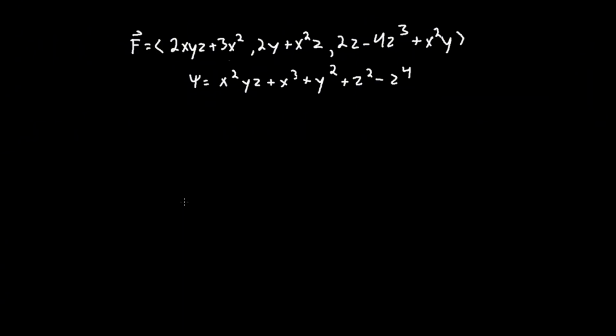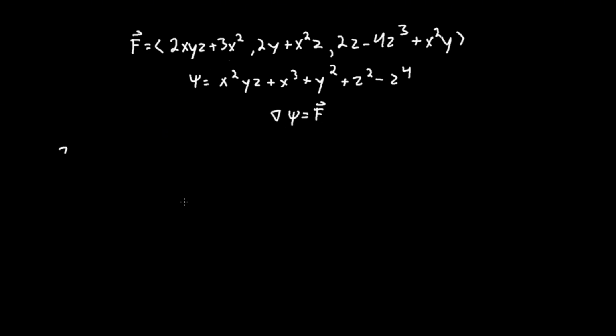Now that we found our potential function, psi, a very convenient property of a conservative vector field is that the gradient of psi is equal to your vector field.